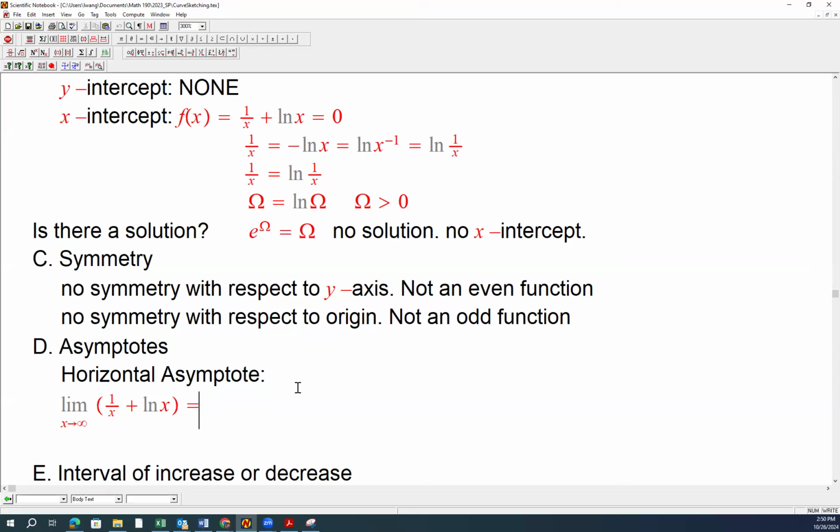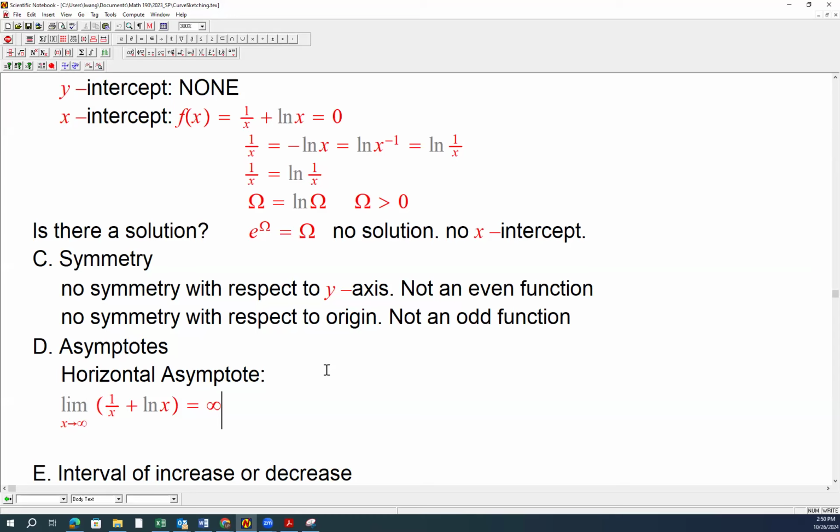When x is approaching positive infinity, this piece is approaching 0, and this piece is approaching positive infinity. 0 plus infinity, so this is going to be approaching positive infinity.